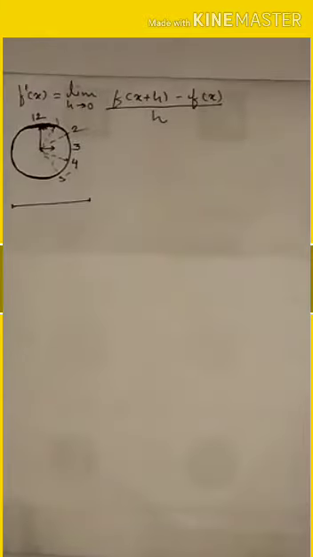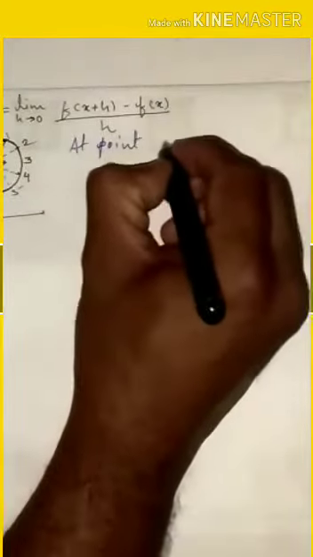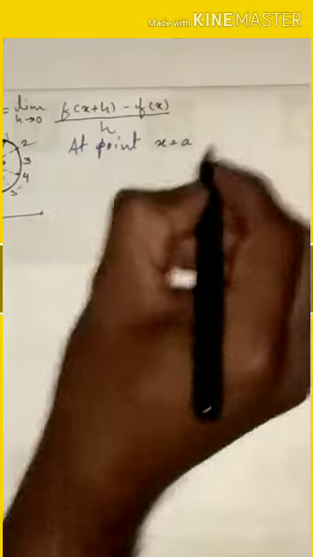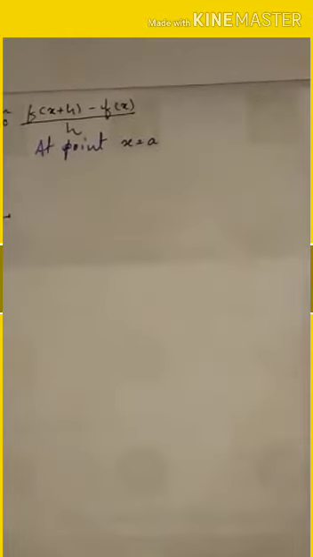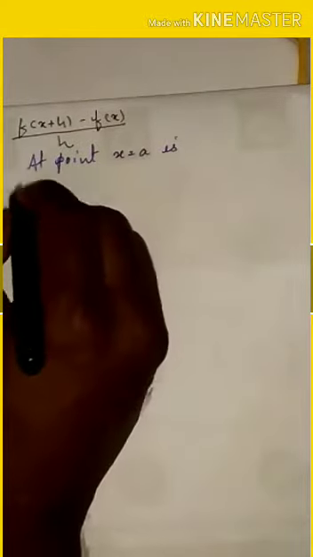The same way here the function f of x is getting differentiated with respect to x. So the derivative of the function at point x is equal to a is by using first principle method.